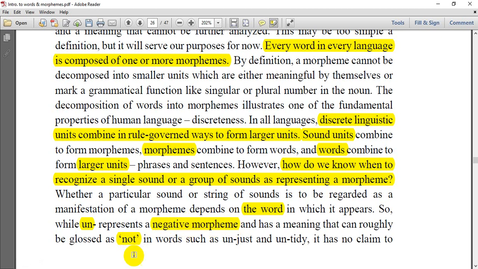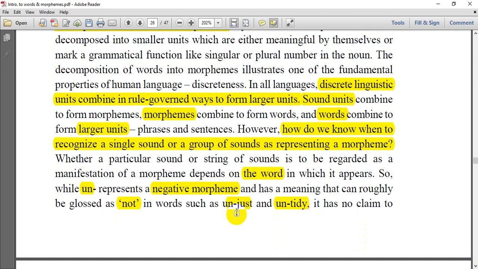For example, such as unjust, untidy, unclear, unbelievable. So here un is a bound morpheme, a prefix.